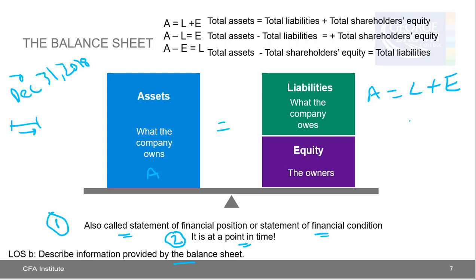Okay. Now you can see that some of the questions can be based on some algebraic rearranging. We can see here that equity equals assets minus liabilities. Okay, so just by doing a little bit of algebraic rearranging, we can change the equation and identify that equity equals assets minus liabilities.